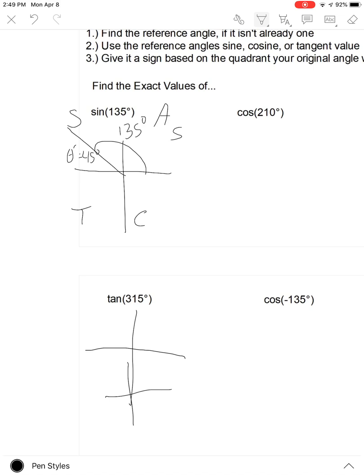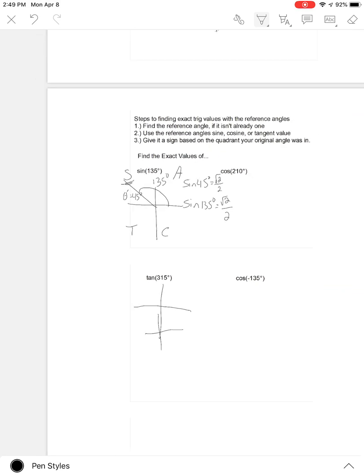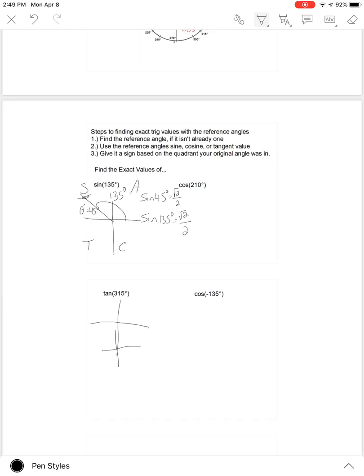If I find the sine of 45 degrees, I know that is the square root of 2 over 2. That means that the sine of 135 degrees, because sine is positive in the second quadrant, is also the square root of 2 over 2. Okay, let's see the cosine of 210. There's 210 degrees. That's going to put me at 30 degrees.